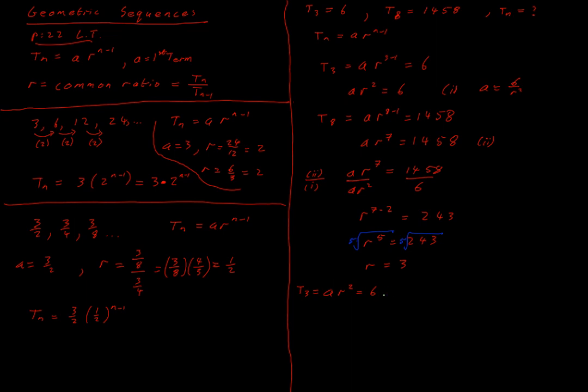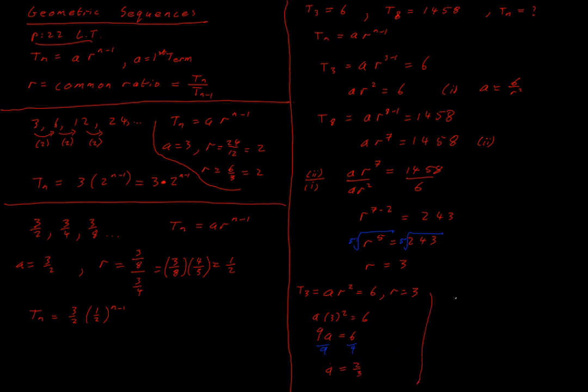And I know that r is equal to 3. So A times 3 squared is equal to 6. 9A is equal to 6. Dividing both sides by 9, I get A is equal to 2 over 3.